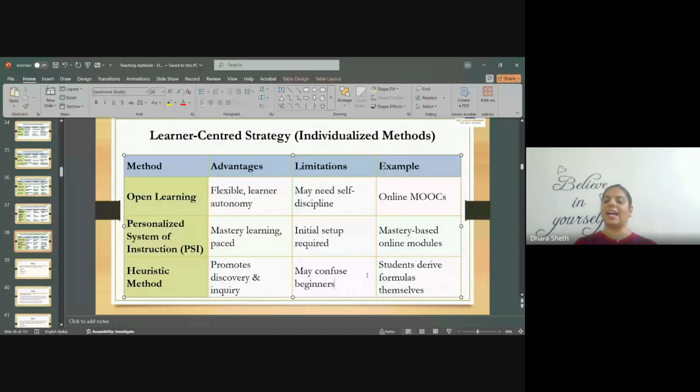Students derive formulas themselves, like you see the sums, you see the relations, and then you make formulas on your own. Heuristic method is discovery learning. So these are teacher-centric, mixed, and learner-centric strategies for teaching or methods of teaching.